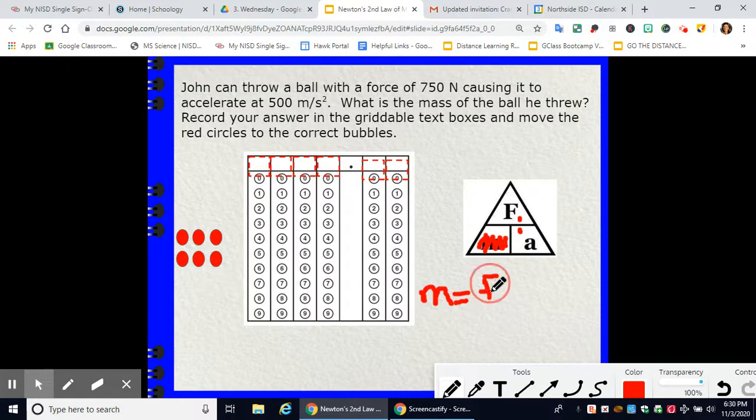Force divided by acceleration. Now I just have to plug in my numbers that are given. My force is 750 newtons, so I can place that over here, divided by my acceleration, which is meters per second squared, so it's 500.